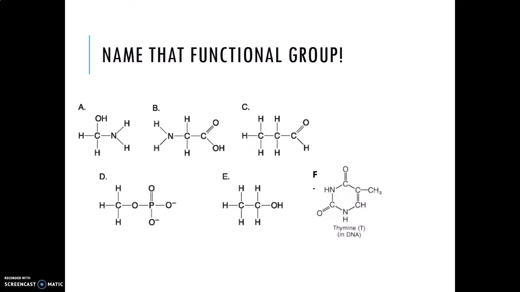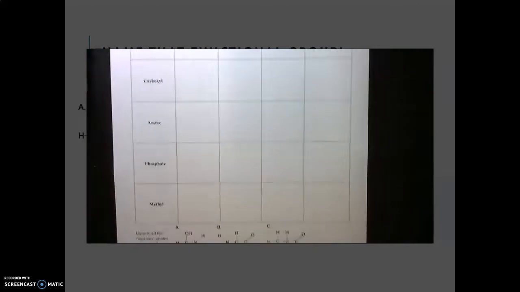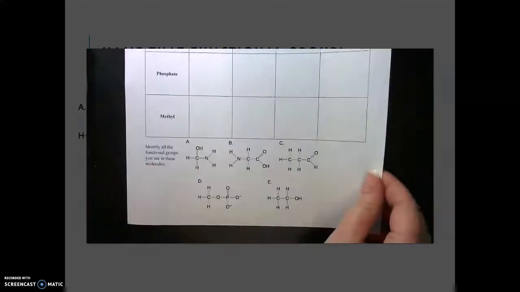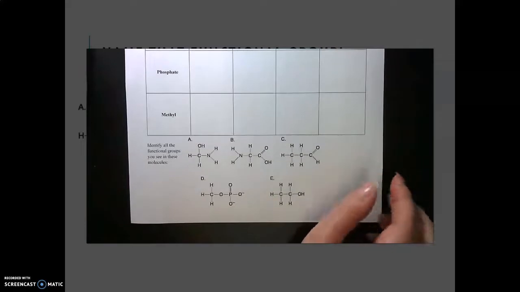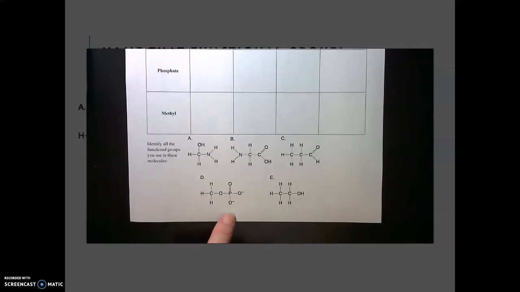So to leave you here today, I have a picture of 6 different molecules here that I want you to look at, and I want you to try to pick out the different functional groups from these molecules. So on your Power Notes sheet, underneath this chart, you also have this picture available to you. So it looks like these are just 5 of the molecules. It looks like I added a 6th on the PowerPoint.